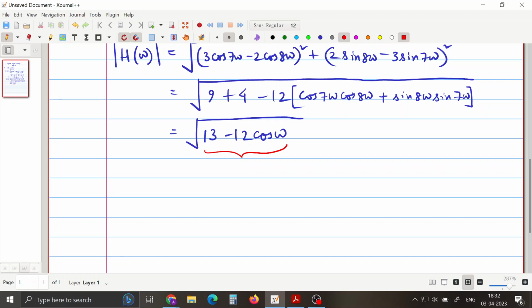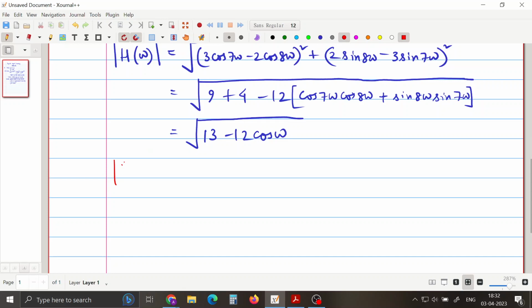So that's the required frequency. Of course, it's also at -pi, but let's take the positive frequency. So that's it.